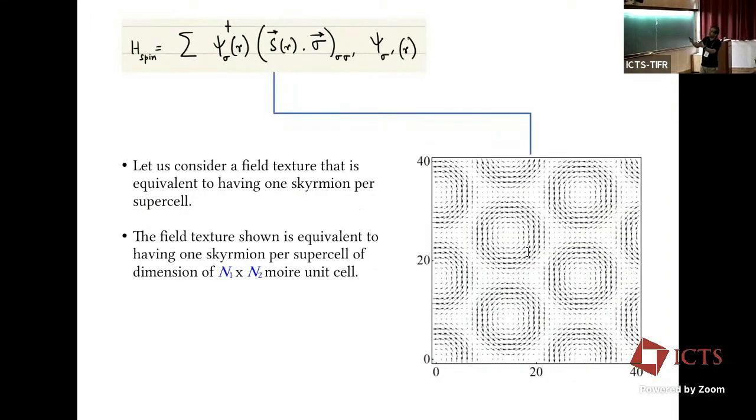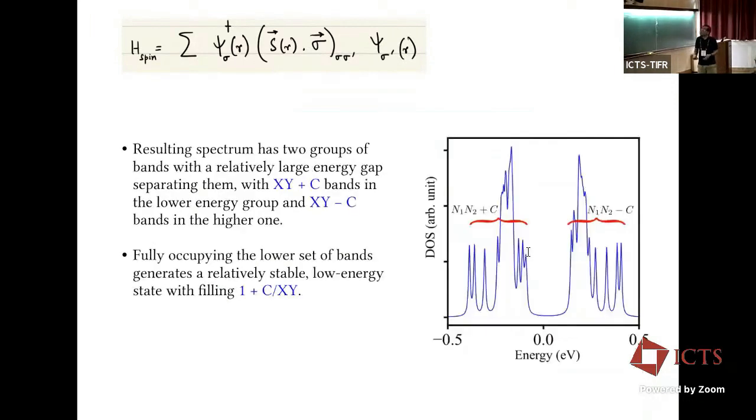I'm not showing it here, but this is what the texture looks like in real space, and I'm projecting this whole conduction band into this texture. Immediately what happens is that the gaps open not at n1 plus n2 half of the band, but at half of the band plus C number of electrons. It's a beautiful picture from the non-interacting point of view that adding a spin texture hints that there would be a stable gap at half filling plus Chern number.